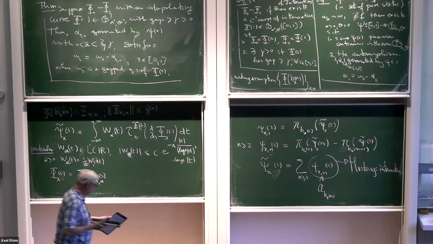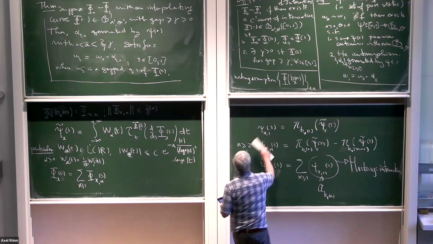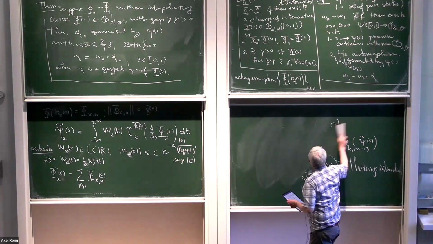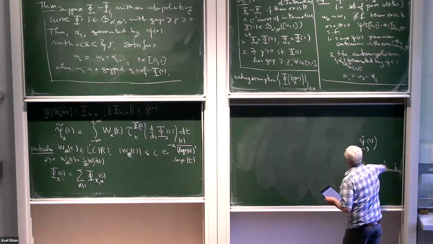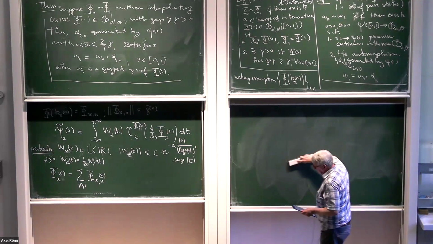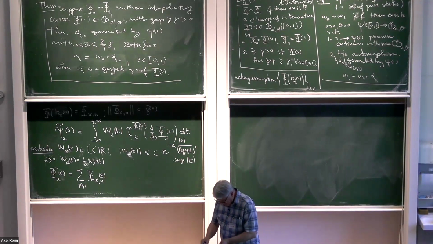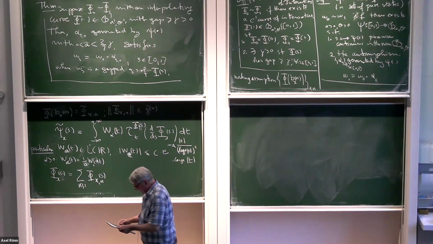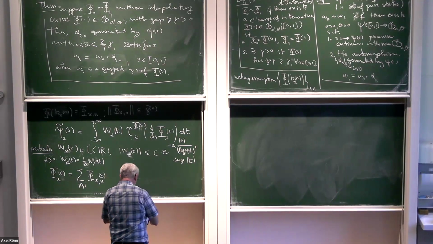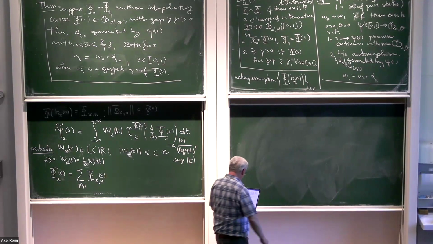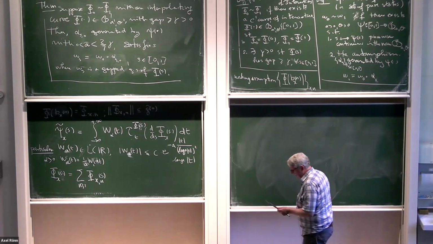I think I can use this. We need these definitions up there a little bit. So it takes a little bit of time to formulate the result, and so I will try to do that and sort of explain what the conditions are.